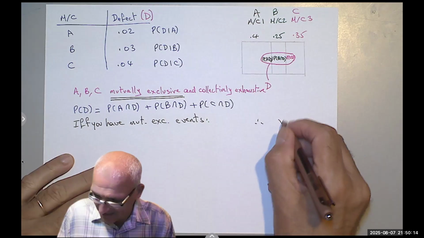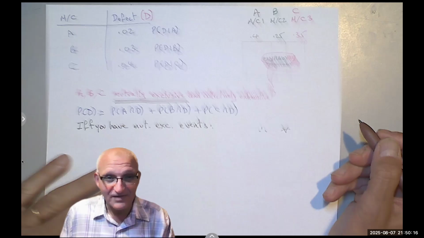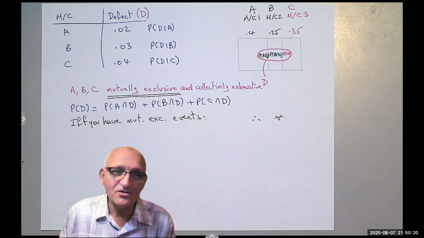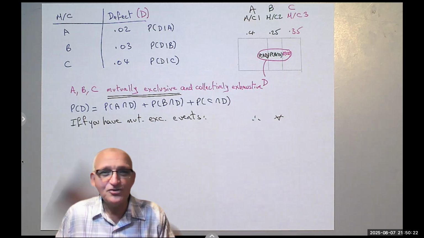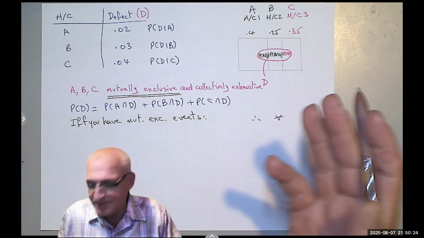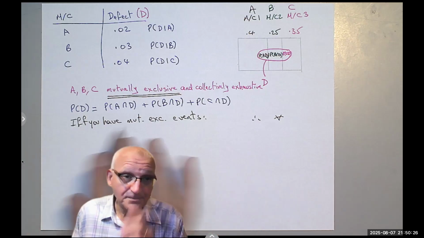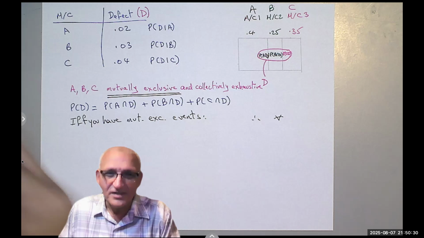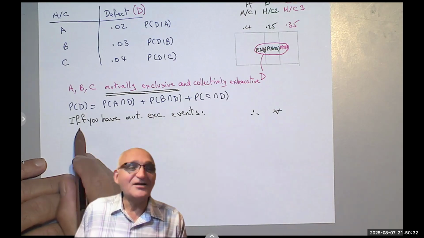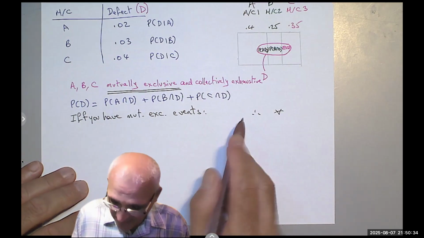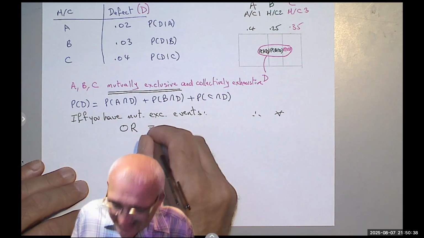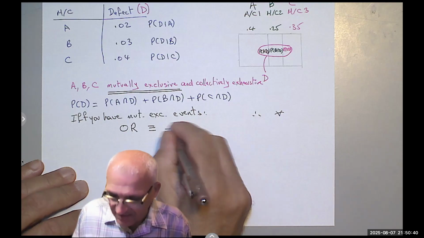Maybe you will become a mathematician and make fun of us by inventing new symbols that nobody knows about except you. But for now, at least we figure out that IFF means if and only if. If and only if you have mutually exclusive events, then the or translates and is exactly equivalent to plus.